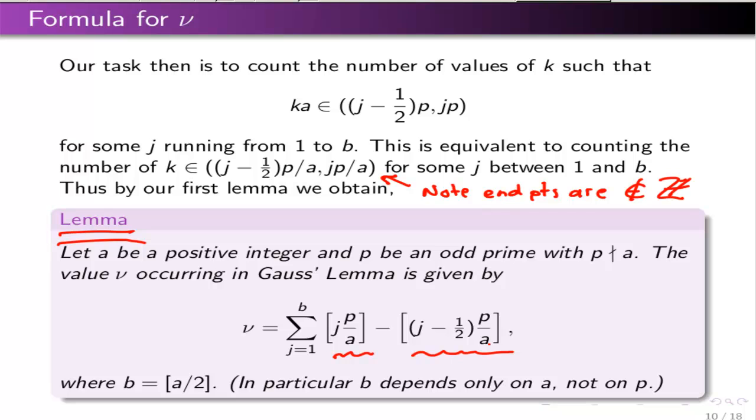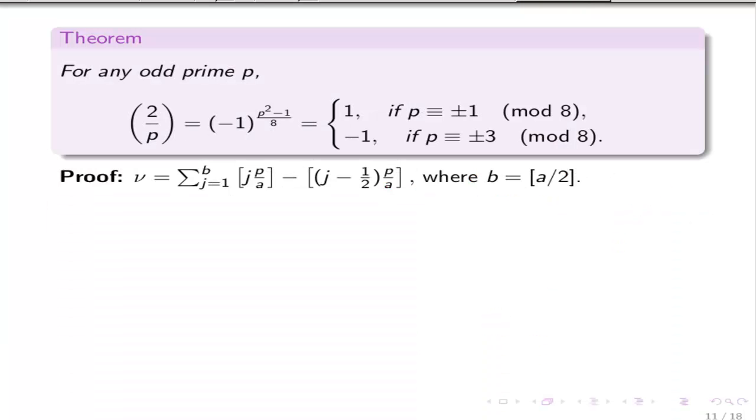Now remember, we only want the parity of nu, whether it's an even or odd number. Okay, before we proceed with reciprocity, let's just do one quick example. Let's determine when 2 is a quadratic residue.